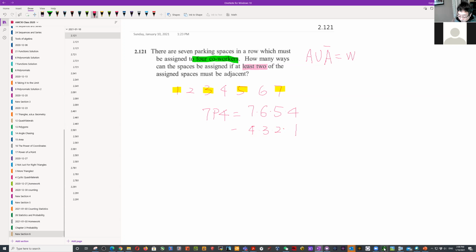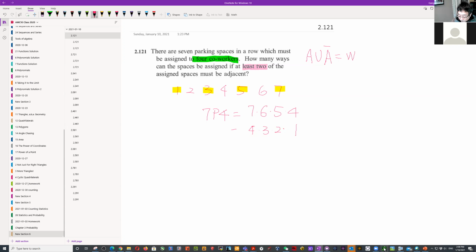Then multiply: after you choose the spots, for example I pick these, and this is a legit arrangement, then within those 4 spots I can multiply by 4 factorial.